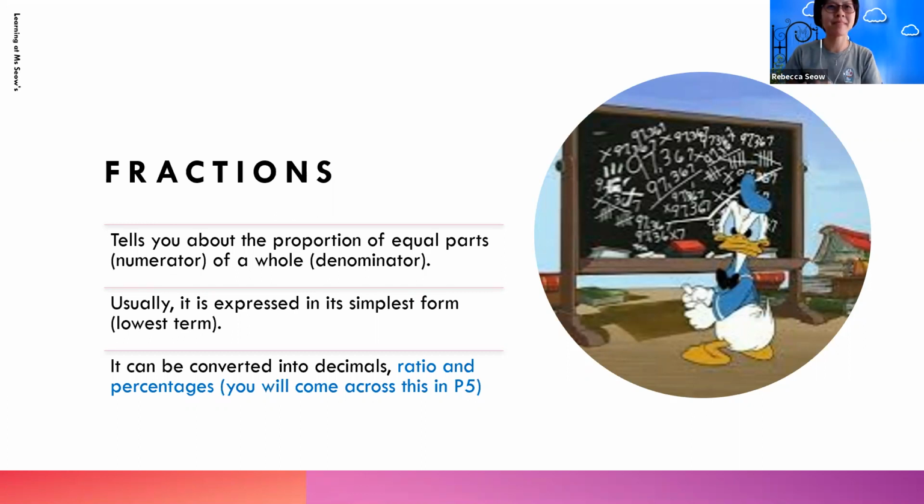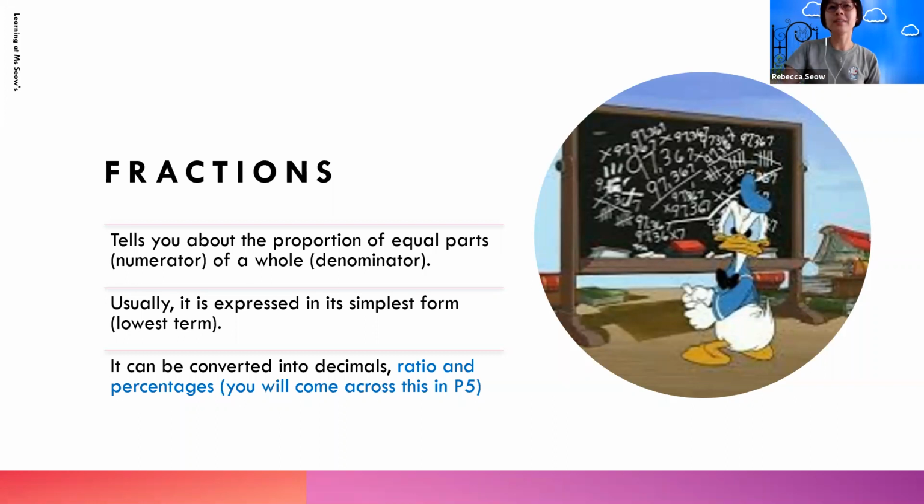Okay, so a fraction tells you about the proportion of equal parts of a whole. That's why you have the numerator, the number of parts, and the denominator, which stands for the total number of parts. Usually it is expressed in the simplest form, or some books would say lowest terms.